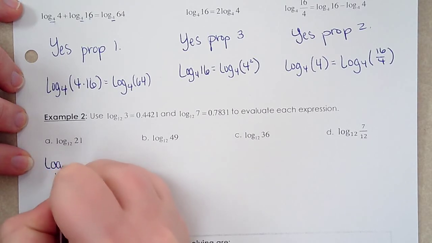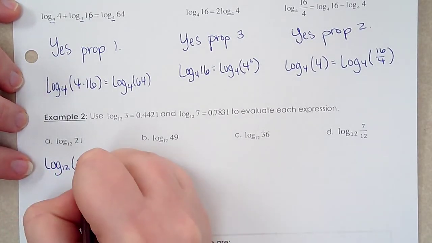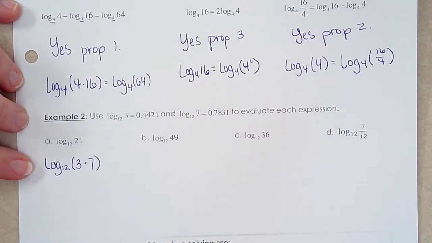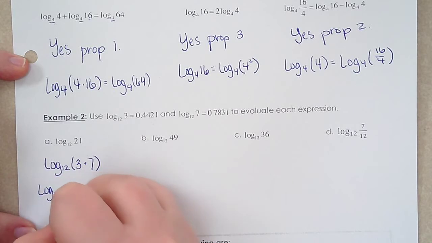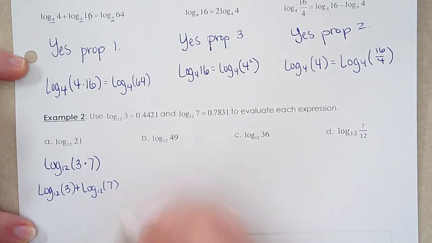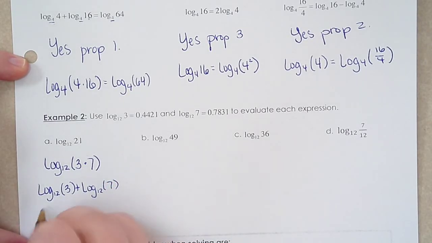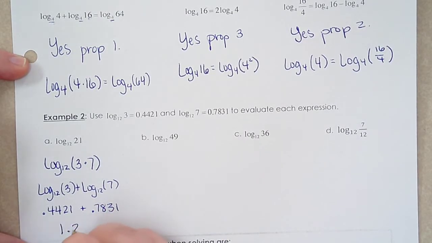Log base 12 of 21 can be rewritten as log base 12 of 3 times 7, and we can break those up then into log base 12 of 3 plus log base 12 of 7. I know what those two numbers are because they were given to me. 0.4421 plus 0.7831. When I add them together, I get 1.2252.